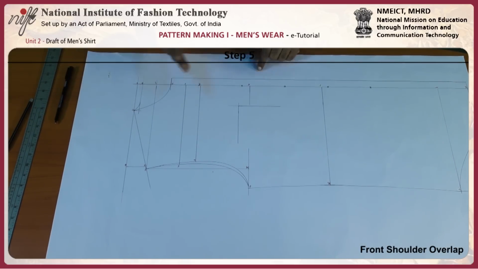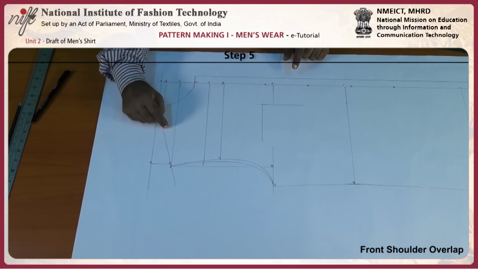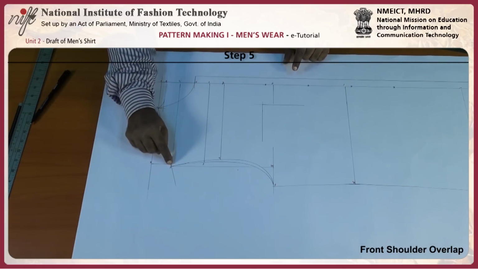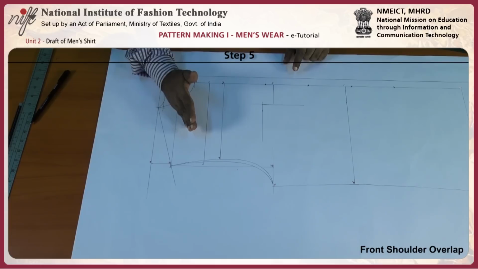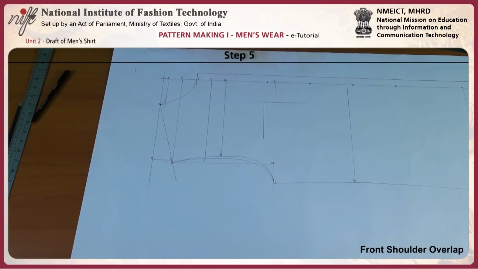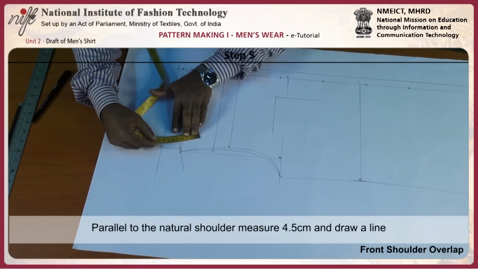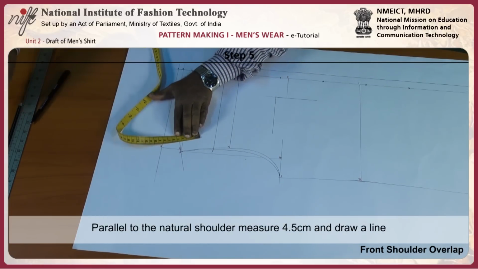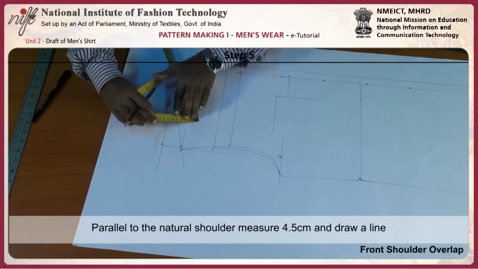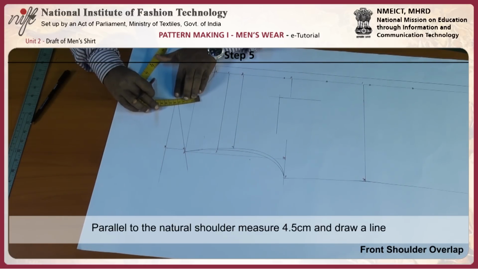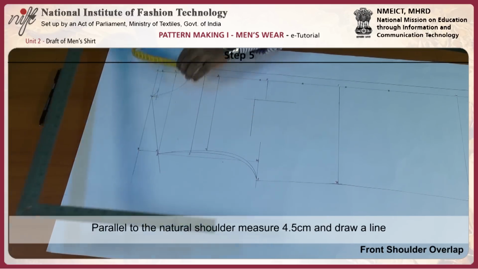Moving to the shoulder part, the draft shows the natural shoulder where the back shoulder turns towards the front and overlaps for 4.5 centimeters. For that you can measure 4.5 centimeter parallel to the natural shoulder and draw a line.